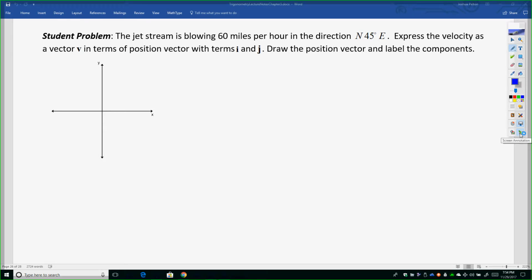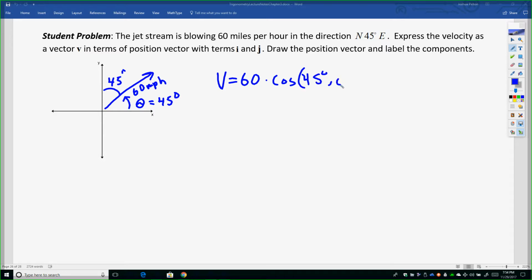A jet stream blows 60 miles per hour in a north by 45 degrees east direction. If I draw that, it's north by 45 degrees east, and that's a 60 mile per hour wind. That also gives me an angle here, which also happens to be 45 degrees in this case. Therefore, the vector is the magnitude times the cosine of the trig angle, i, plus the magnitude times the sine of the trig angle, j.